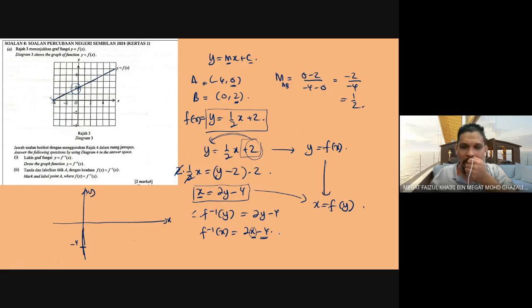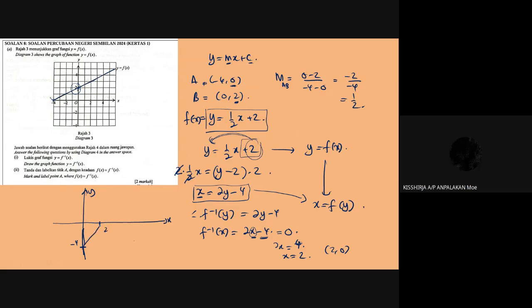And then when f inverse equals 0, so 2x minus 4 equals 0, then x equals 4 divided by 2, which is 2. So 2 and 0 here. So it's like that.